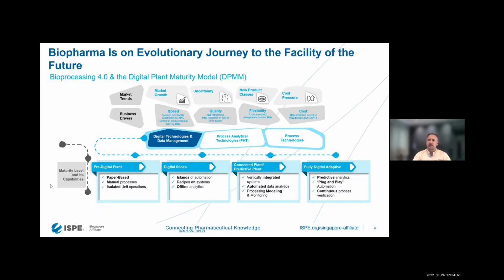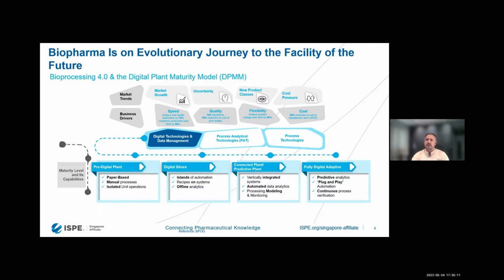Coming to the digital plant maturity model, looking at the top part of the slide, we are seeing some very unprecedented market trends, and I think some of these even got more intensified in the last 2 years of COVID.